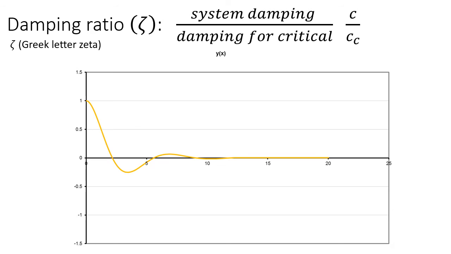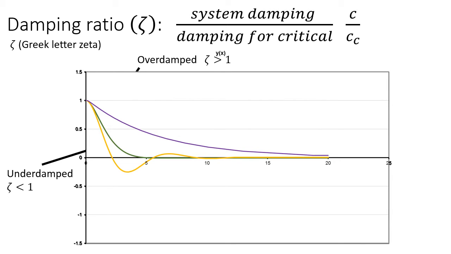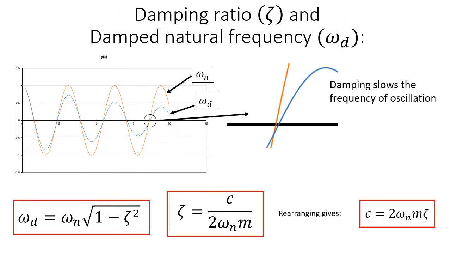And if we have an underdamped system, then our zeta will be less than 1. If we go to the other extreme where we've got a really sluggish system with no overshoot, then our zeta value will be greater than 1. And if we have a critically damped system, then our zeta value will be equal to 1.